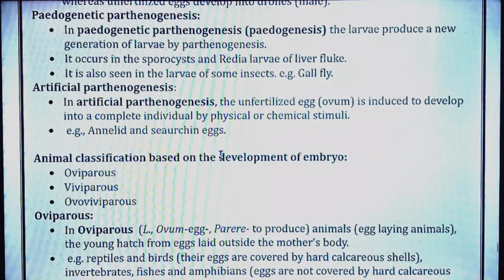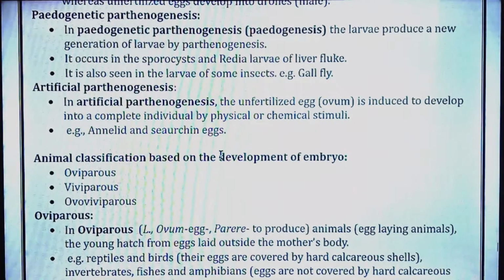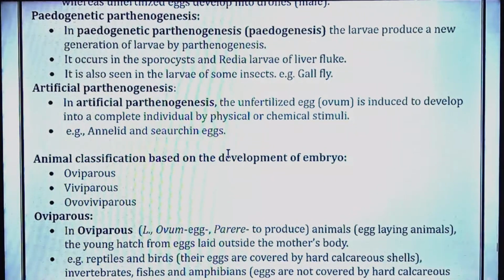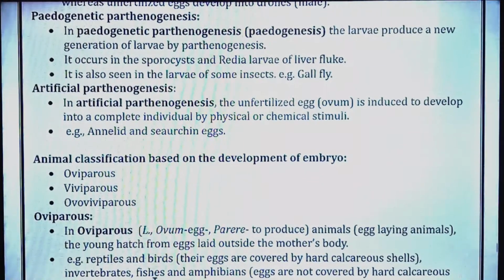Next, classification of animals based on the development of the embryo. They are classified as oviparous, viviparous, and ovoviviparous. Oviparous means ovum, egg. So animals will lay their eggs, and the young ones are hatched out from the eggs.